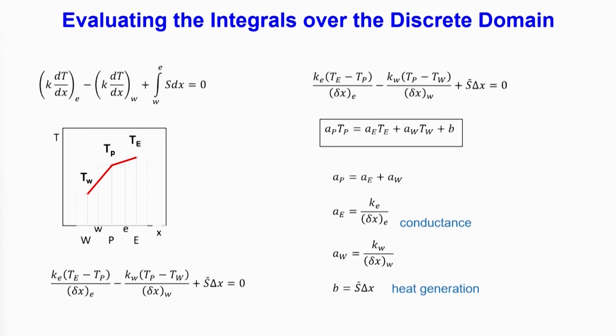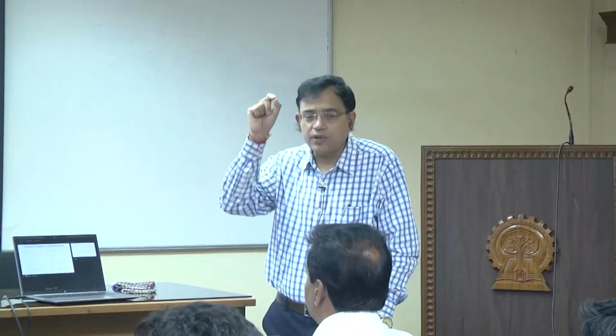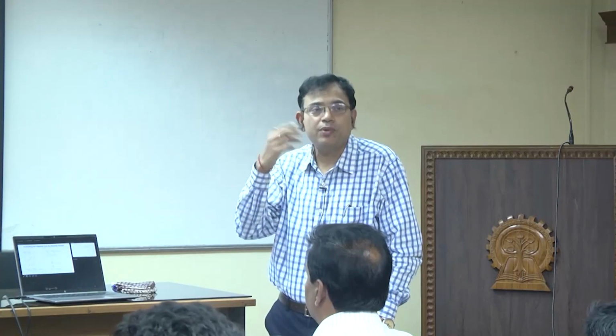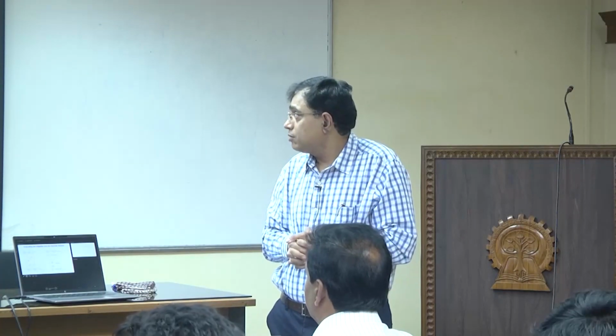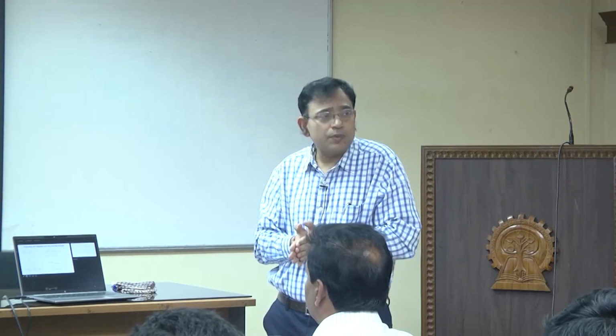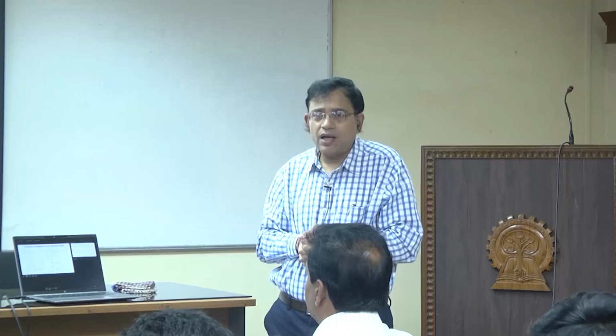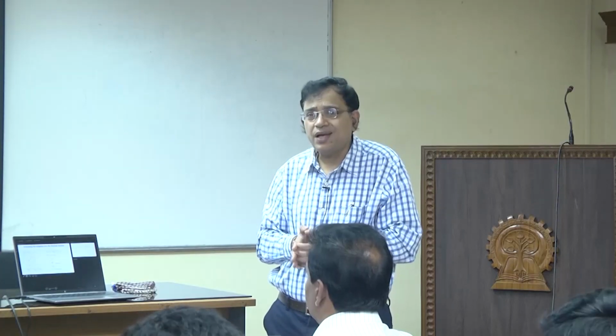That you can do only if you assume T as a function of x. So, what will be your intuitive thing? Let us assume some polynomial T as a function of x, and you can easily differentiate that, and it will also be a polynomial function. But if you take any arbitrary polynomial and differentiate it, it will typically be a high order equation.